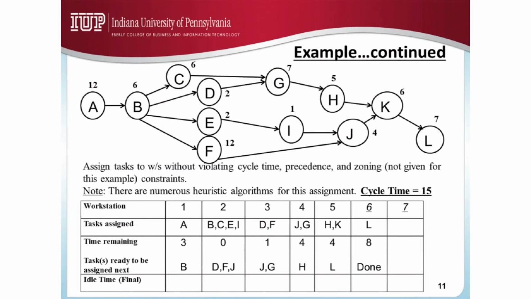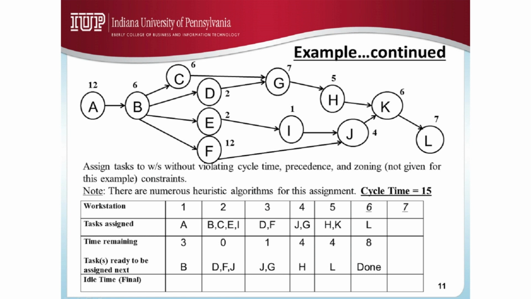And now you're done. Now the entire assignment of tasks is completed. Workstation 1 has one task, A, still 3 minutes remaining. Workstation 2 has 4 tasks, B, C, E, and I, perfect, all of them amounting to 15 minutes with no idle time.